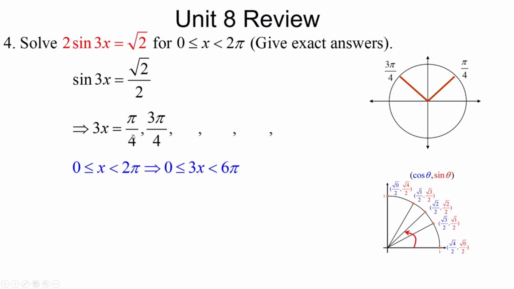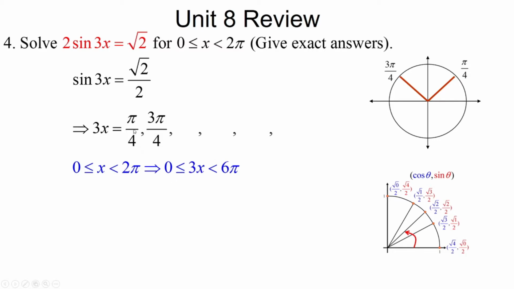So I'm going to have quadrant 1, quadrant 2, and then do 1 rotation for each of those, and then 1 more rotation with each of those, and that's going to get me to 6 pi, or 3 complete revolutions, 1, 2, and 3, giving me 4 more answers.